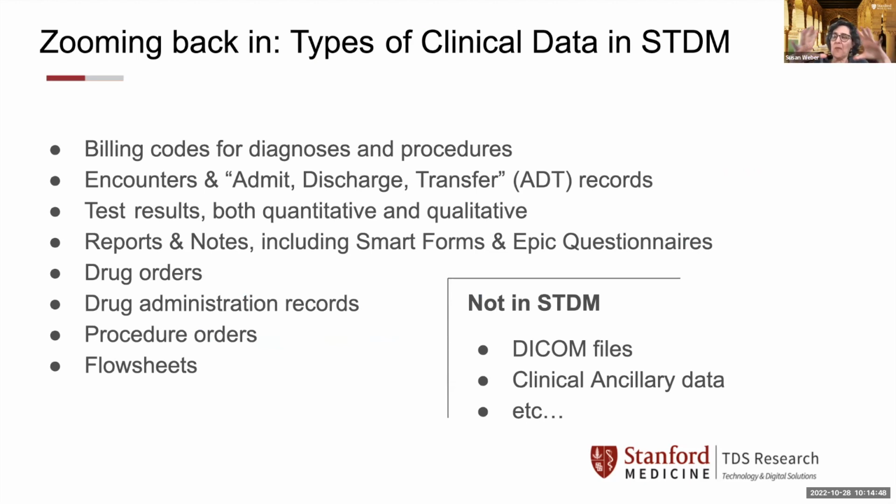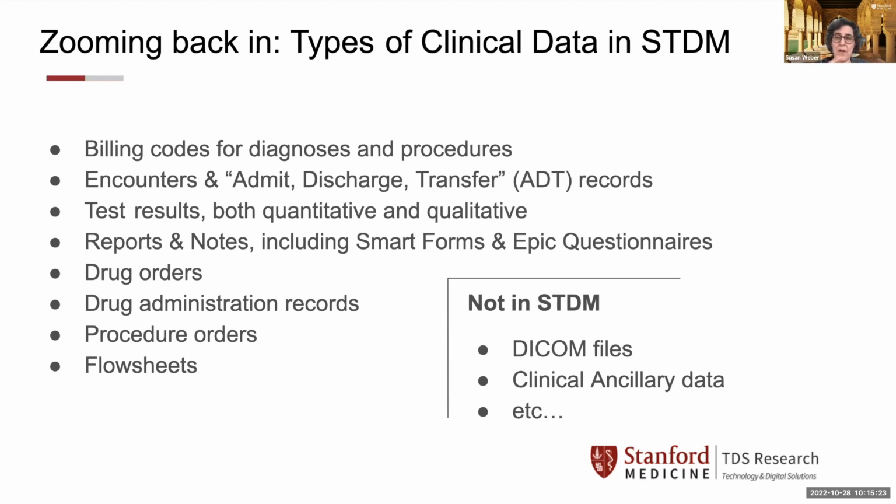Okay, now, so that was the big picture about what is STARR and what data is in STARR. Now I want to zoom in a little bit to talk specifically about the STARR Tools data model, which is the subset of STARR on which the STARR Tools operates. So what do we have in the STARR Tools data model? We have billing codes for diagnoses and procedures. We have ADT, which stands for admit, discharge, and transfer. We have visits, encounters, inpatient and outpatient. We have test results.